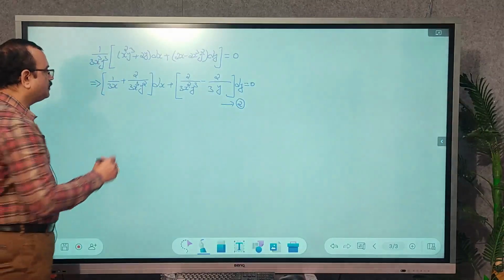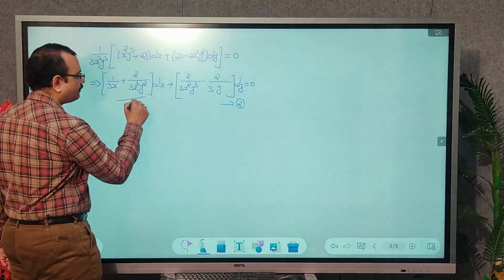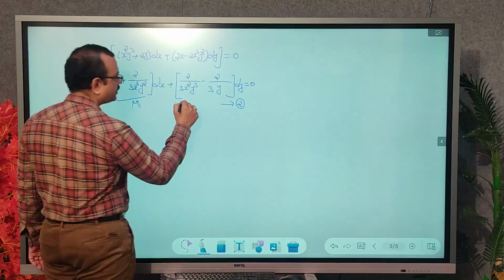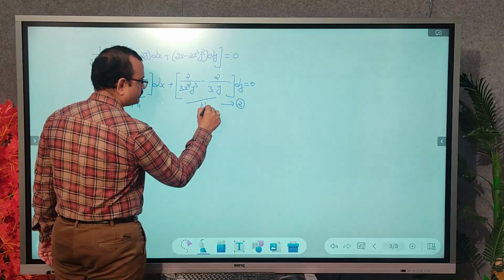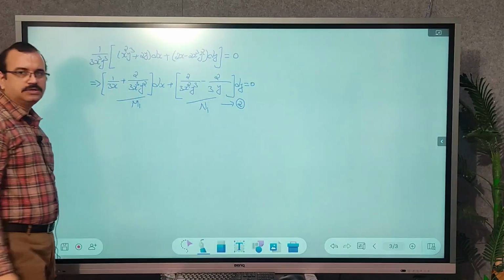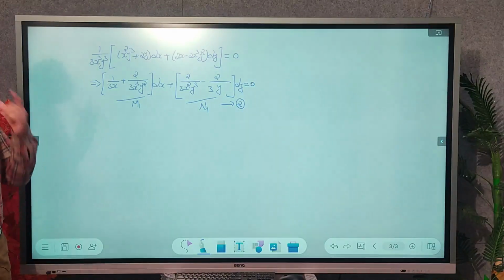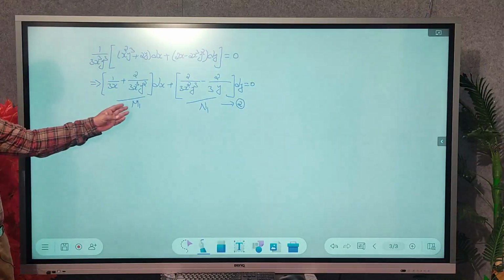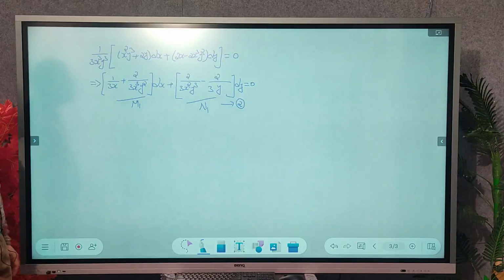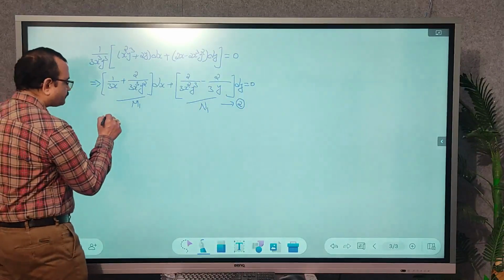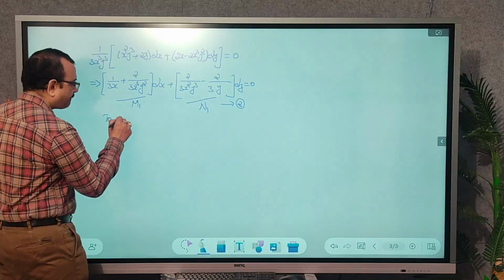So if you observe, equation 2 is of the form M1 dx plus N1 dy is equal to 0. So if we want, we can check whether equation 2 is exact or not.